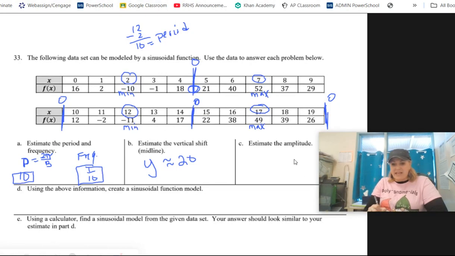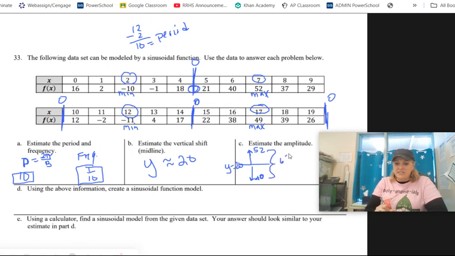Okay, now we're going to estimate the amplitude. I'm going to just sketch this out. If this is y equals 20, and I went up to a max of 52, and I went down to a minimum of negative 10, what's the distance between those two?